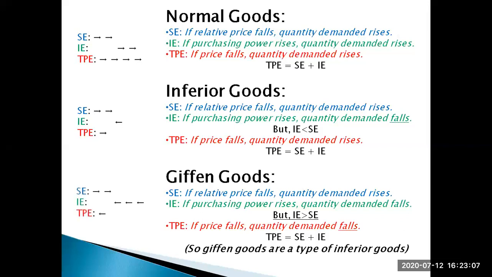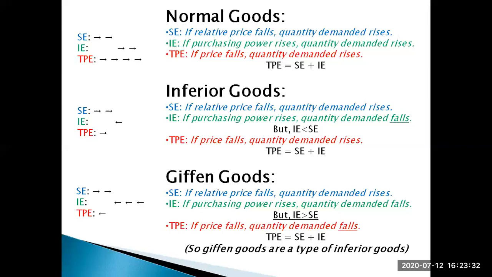In case of Giffen Goods, the income effect is stronger than substitution effect. So the substitution effect again moves from left to right in 2 arrows, but in case of Giffen Goods, the income effect is stronger than substitution effect. So the income effect pulls back the individual by 3 arrows. Substitution effect was by 2 arrows from left to right, but the income effect is 3 arrows from right to left.